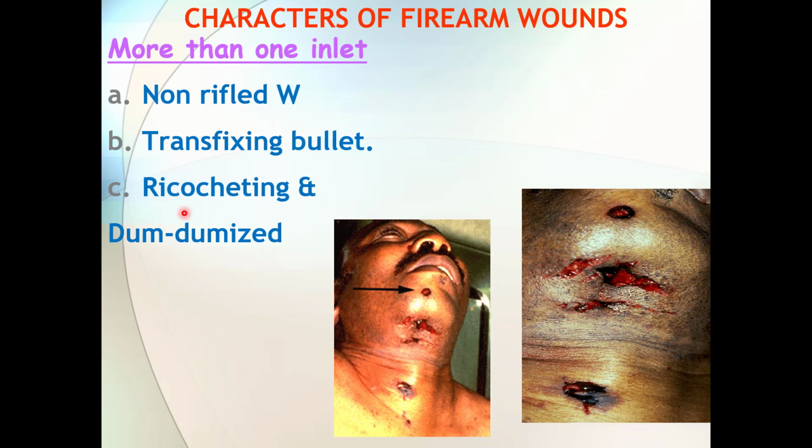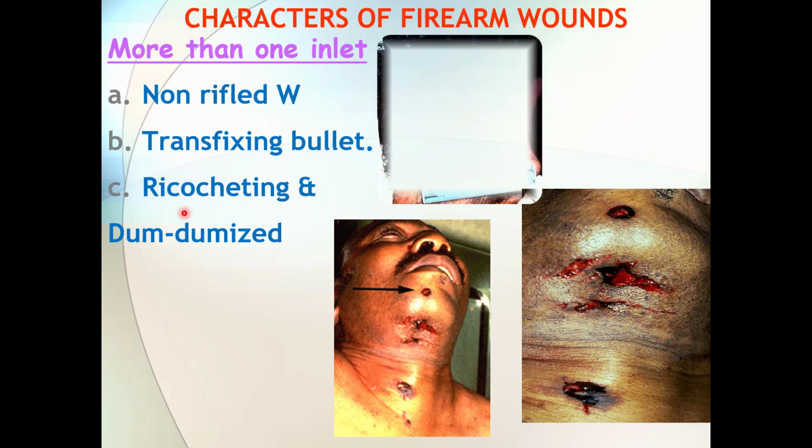If the bullet is a transfixing bullet, it will lead to many inlets. If the bullet is dum-dumized and ricocheting, it leads to many openings, because the dum-dum bullet has a defect in the jacket and ricocheting hits another surface before entering into the body.